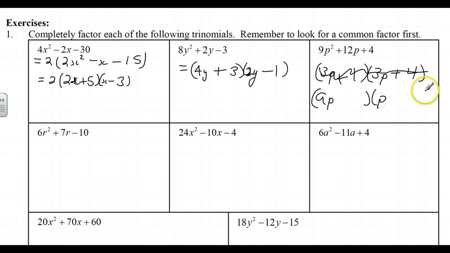That's not going to work, because 9p squared plus 9p plus 4p is 13p. Okay, so that's not it. Now wait a sec. Let's go back to 3 and 3. There are more numbers that multiply to 4 than 4 and 1. So what if we go 3p plus 2 and 3p plus 2? 9p squared plus 6p plus another 6p is plus 12p plus 4, and there we go.